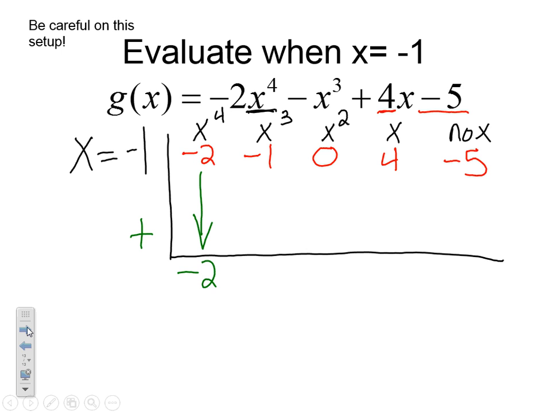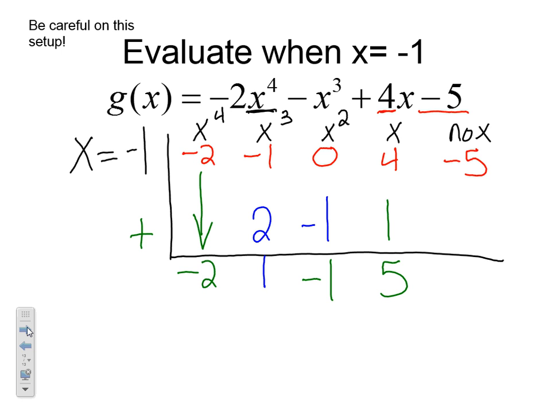Negative 1 times a negative 2 is a positive 2. Negative 1 plus 2 is 1. Negative 1 times 1 is a negative 1. If I take 0 plus a negative 1, I get negative 1. Negative 1 times negative 1 is 1. And then 4 plus 1 is 5.